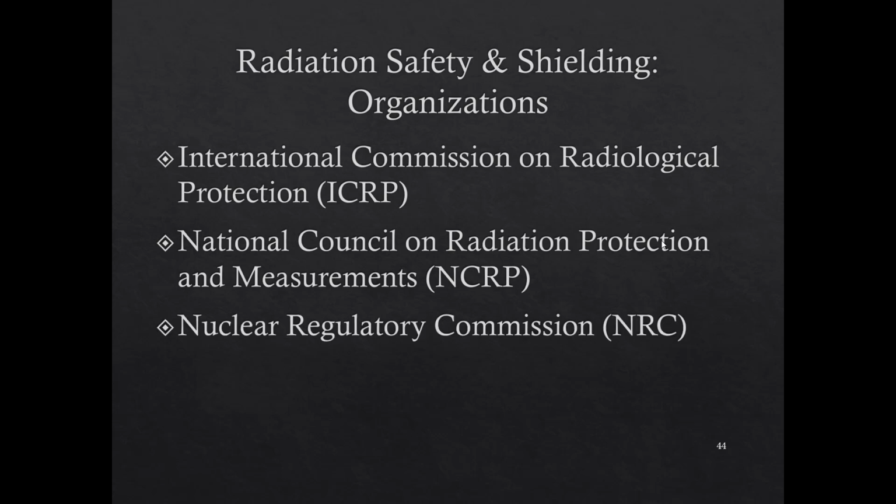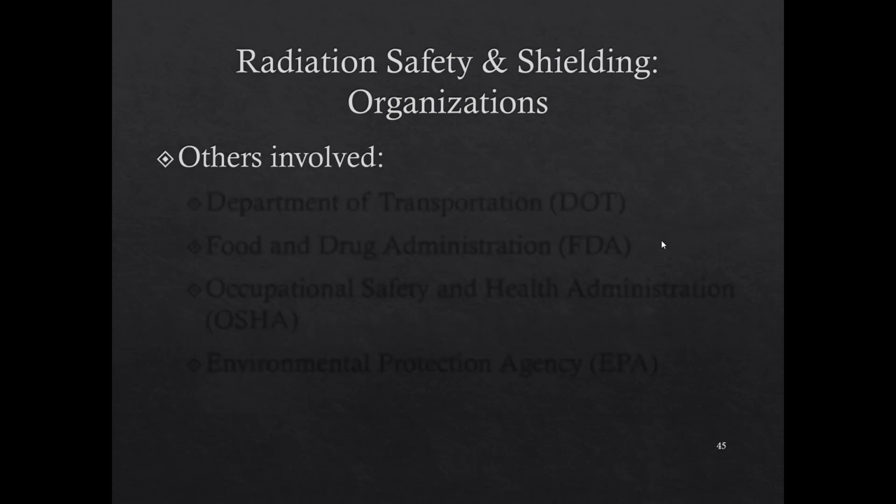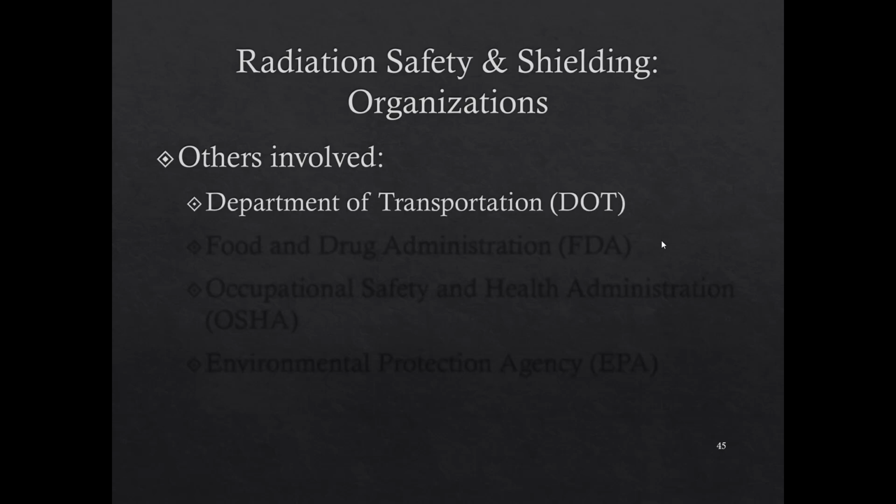Then we have the Nuclear Regulatory Commission. This is a national group as well. They're responsible for regulating nuclear materials on the state and federal level. Other involved entities are the Department of Transportation, DOT.